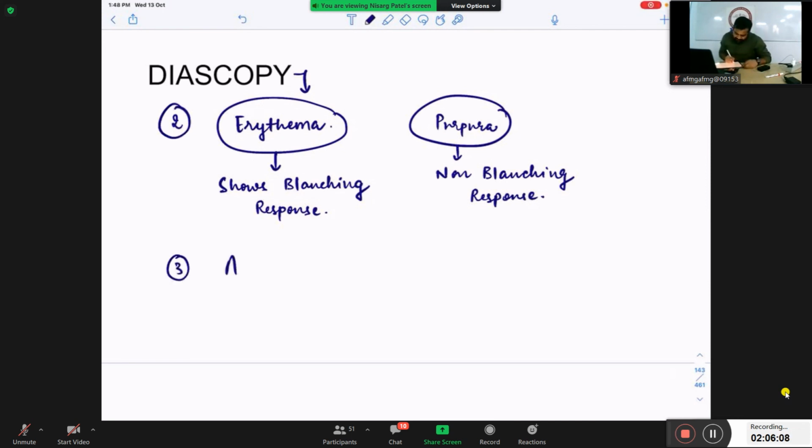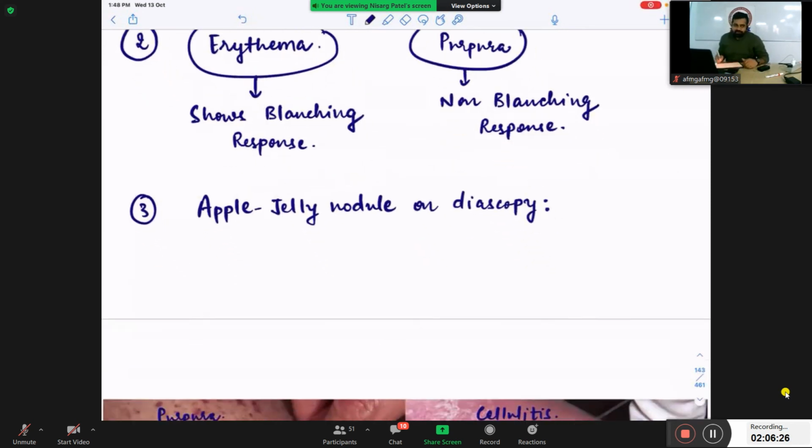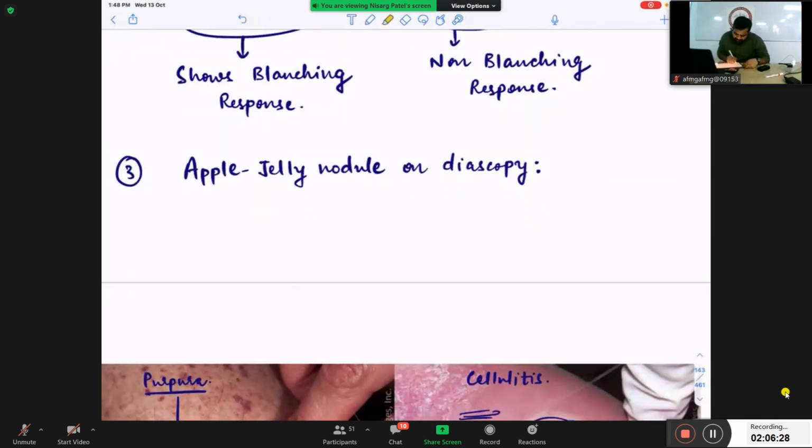Third, they ask about the apple jelly nodule appearance on diascopy. Which two diseases show apple jelly nodule appearance on diascopy?